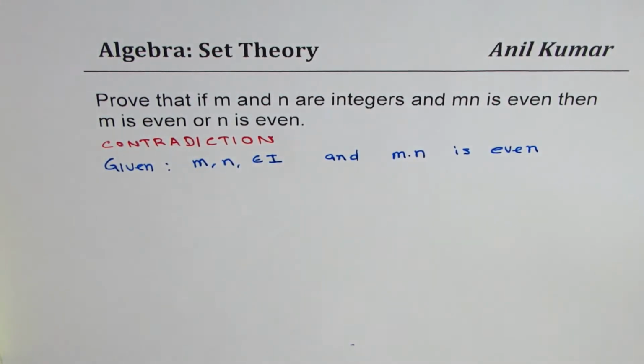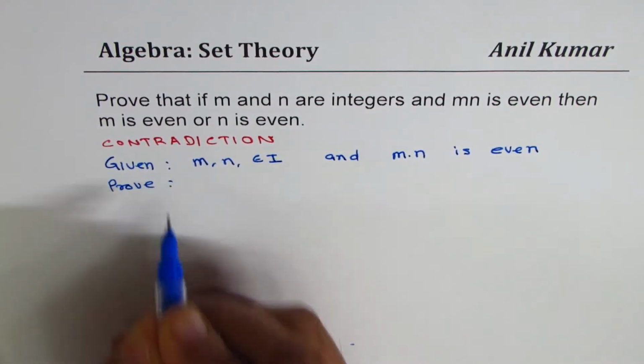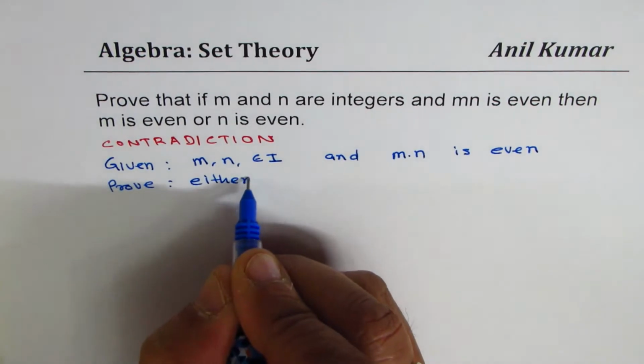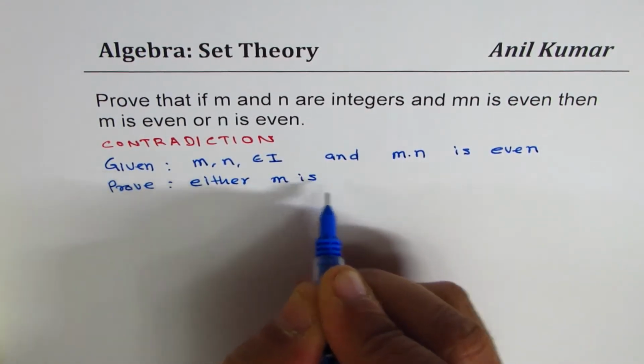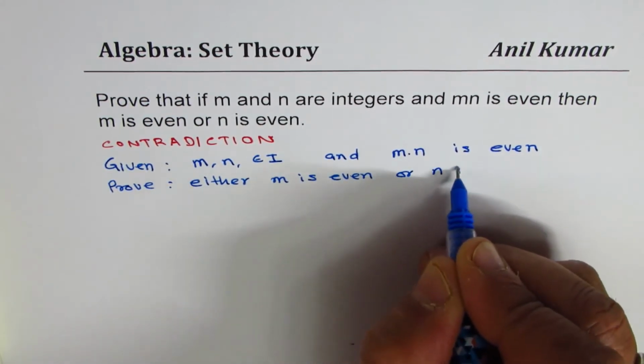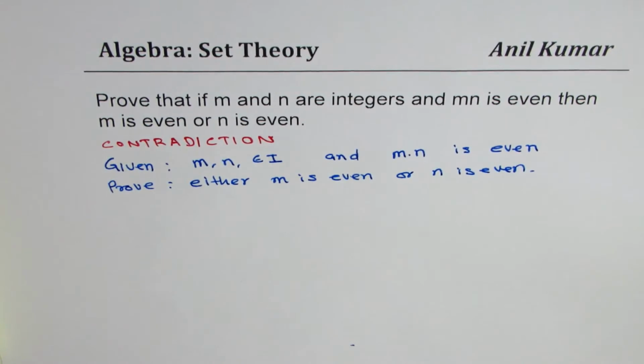That is given to us. And what we need to prove? We need to prove that either m is even or n is even, right? At least one of them is even. So that is what we need to prove.